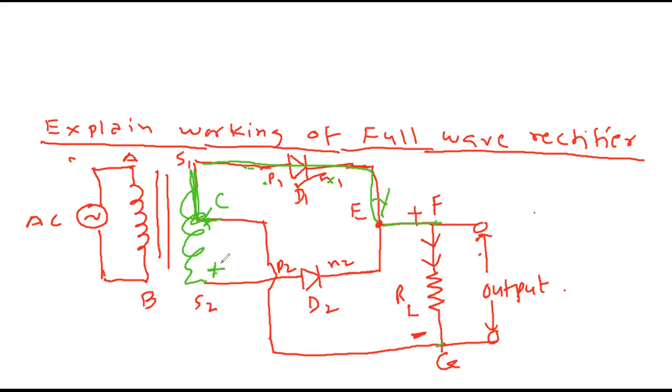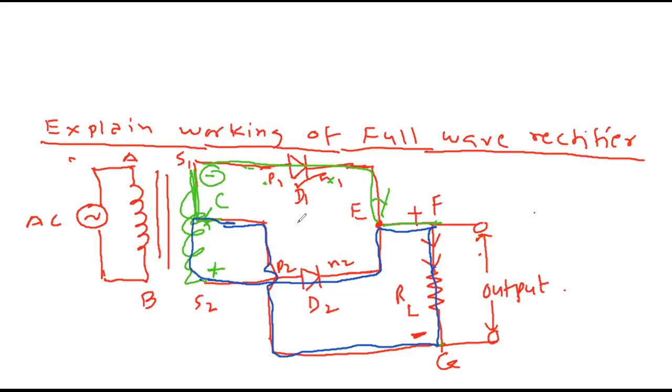When S2 is positive and S1 is negative, then junction diode D2 becomes forward biased and conducts the current like this: S2, P2, N2, E, F, same path, G, C, and back to S2.